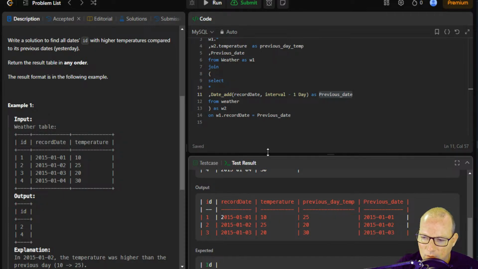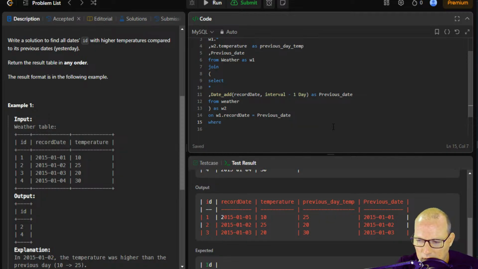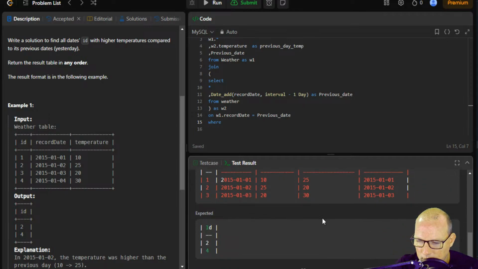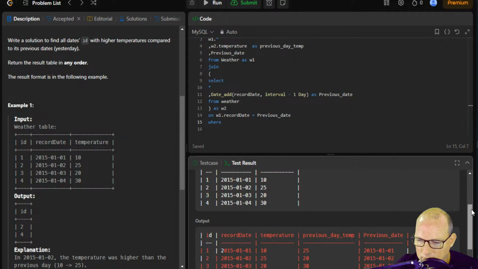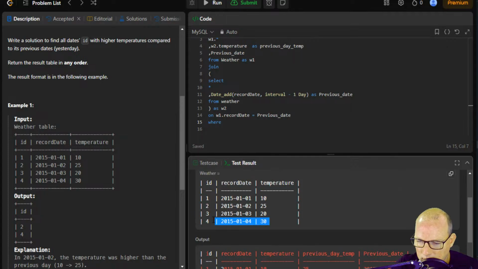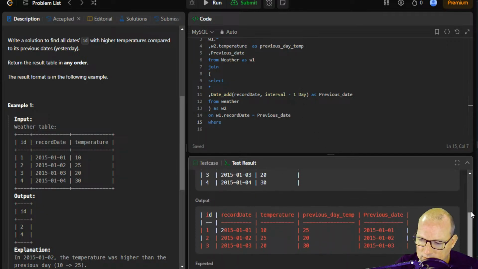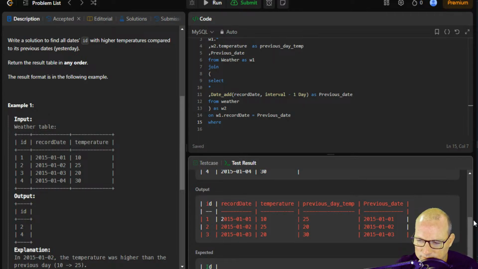So now what we need to do is where previous day is lower. All right. So we need to go the other way. I wanted to see if we could do it both ways.